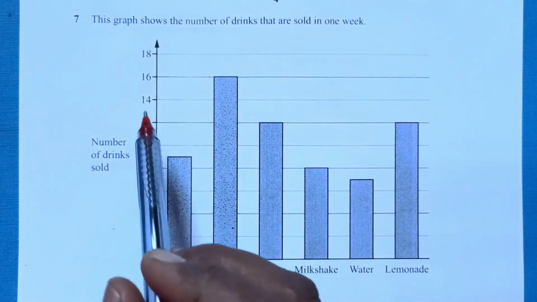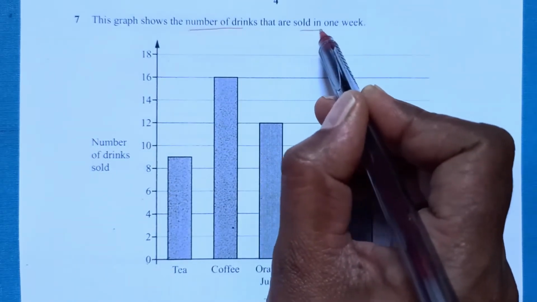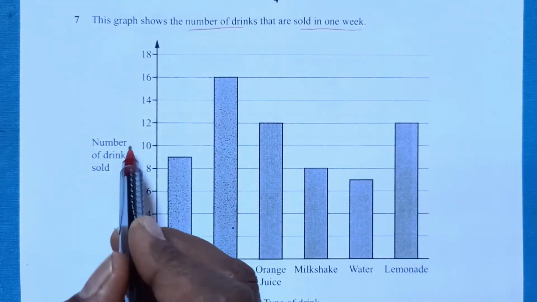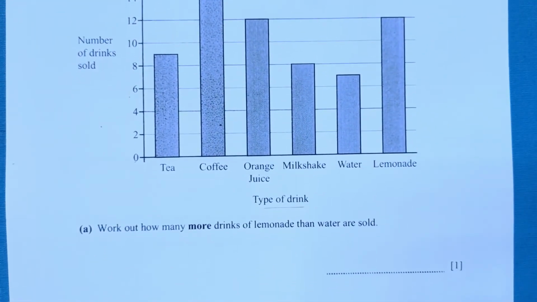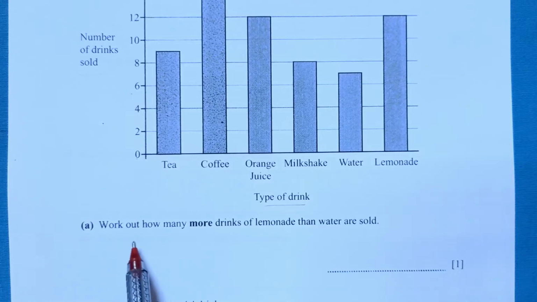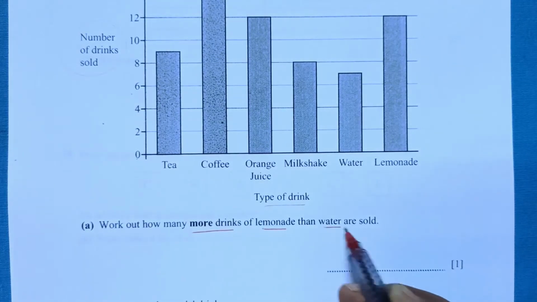Question 7. This graph shows the number of drinks that are sold in 1 week. This side we have the number of drinks sold, and this side the type of drink: tea, coffee, orange juice, milkshake, water, lemonade. Let's see the question. Work out how many more drinks of lemonade than water are sold.